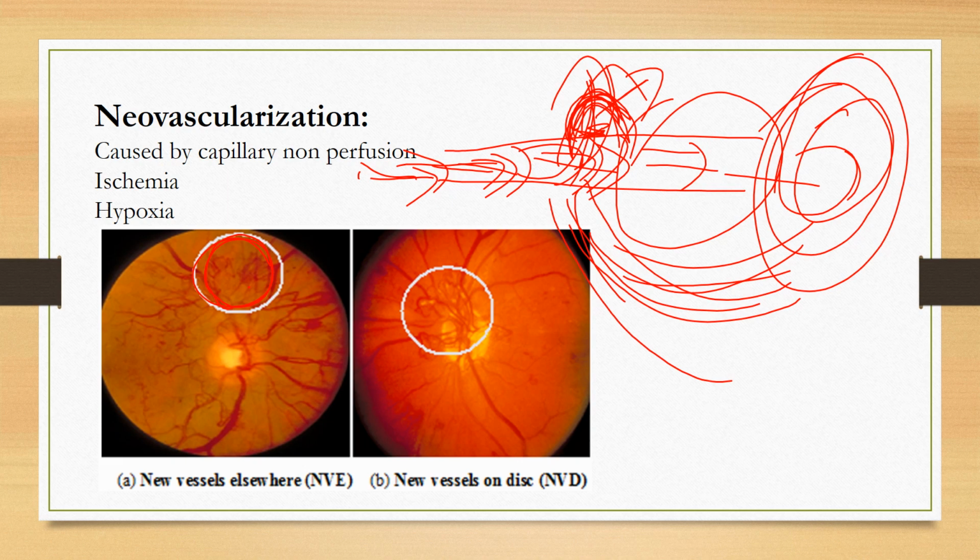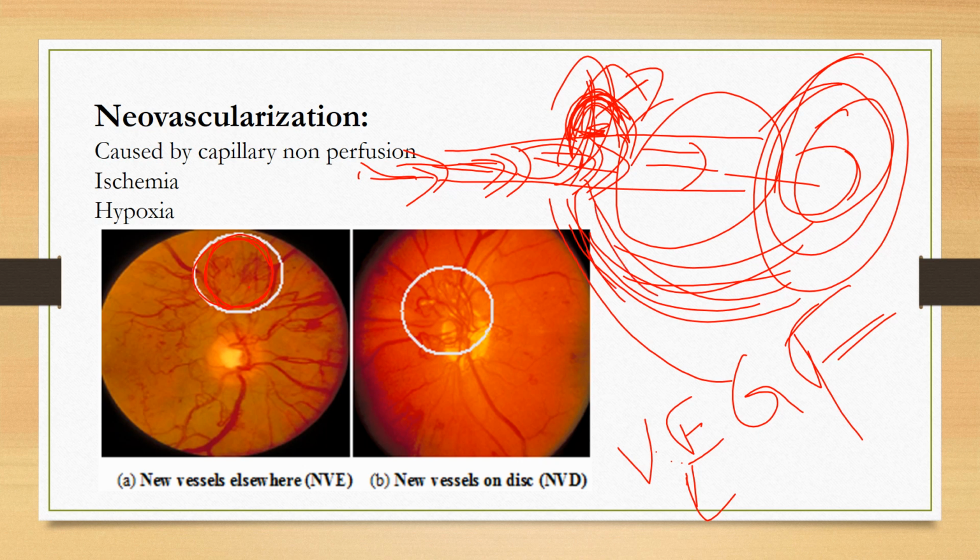It releases VEGF, vascular endothelial growth factor. This gives a stimulation to form newer blood vessels. These newer blood vessels are called neovascularization.